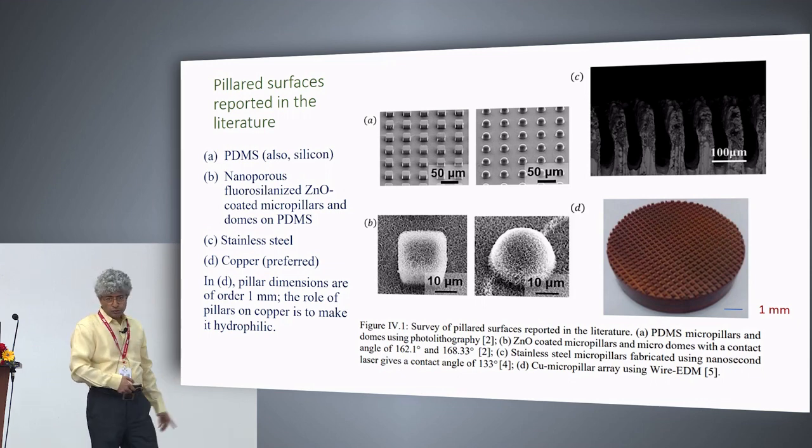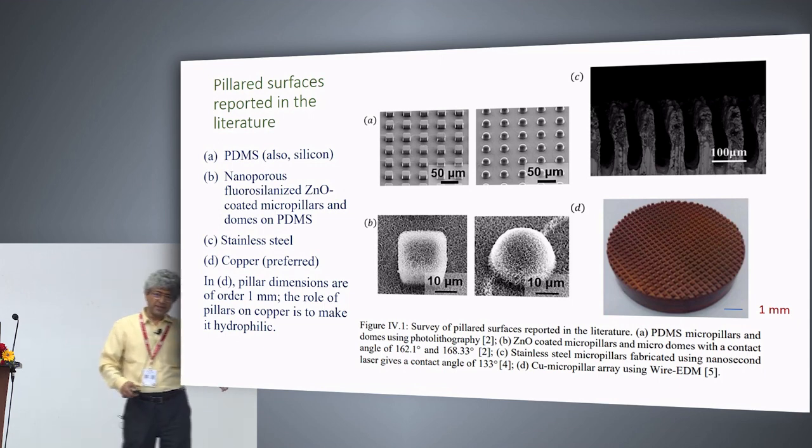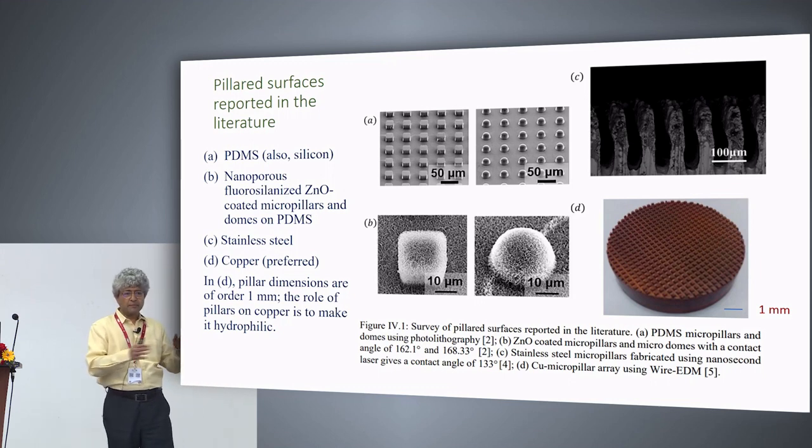We have ventured into making pillars. These are physically textured. If you're going to make it in a machine, it's preferable to have some kind of order, some pitch and height and cross-section.